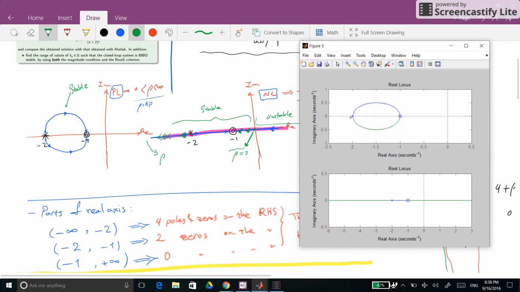So we have two branches for the positive locus departing from the poles going towards the zeros, and the same thing for the negative locus, in which one branch started from the pole and has gone towards the zero, and the other branch started from the pole, has gone towards minus infinity, and then has come back to the positive values, and has ended up in the other zero. So you can see that what we have obtained coincides with what MATLAB provides us.